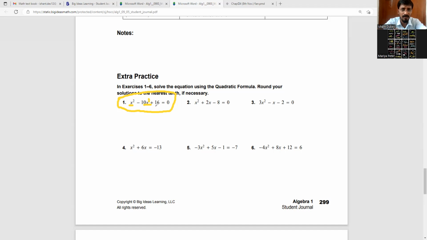Here you can see in this equation, which I have encircled with yellow color, there are some numbers and some x terms.